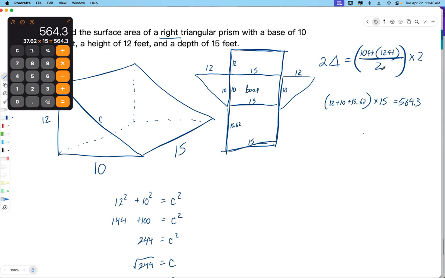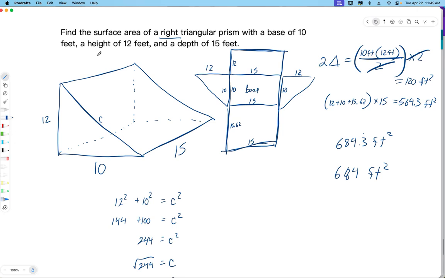Now I'm going to do this calculation. These would cancel, so that's just going to equal 120, and all that's feet square. So I'm going to add 120 to that. That is 684.3 feet squared. And I think I also allowed you to just use 684 feet squared, this answer or this answer. And that would be your solutions.